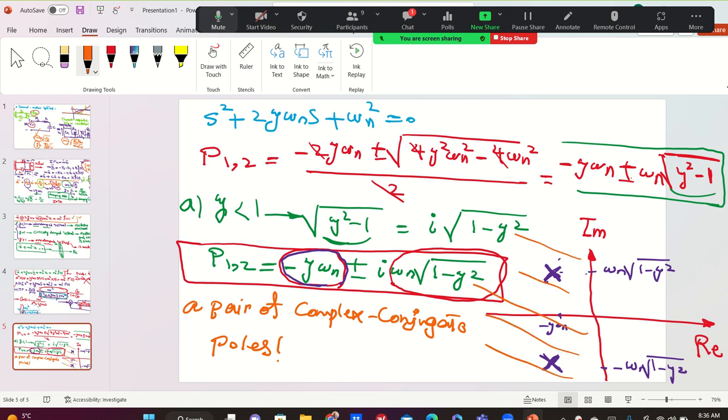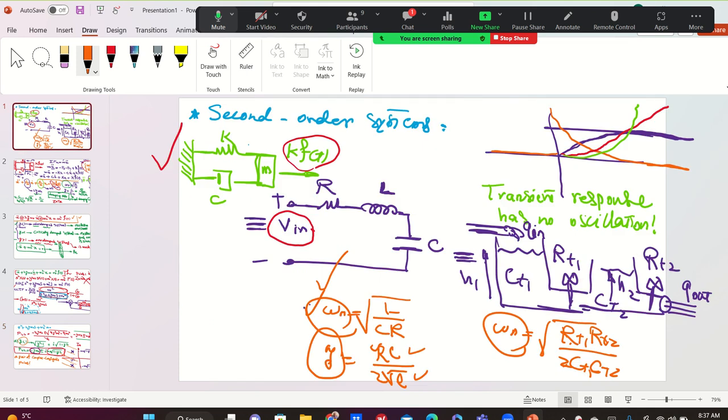But we're going to analyze this. This leads to what eventually? A pair of complex conjugate poles. When I'm saying that zeta is smaller than 1 for a second order system, I'm not meaning only a mass spring damper, but also an RLC circuit, also a tank of water in series.